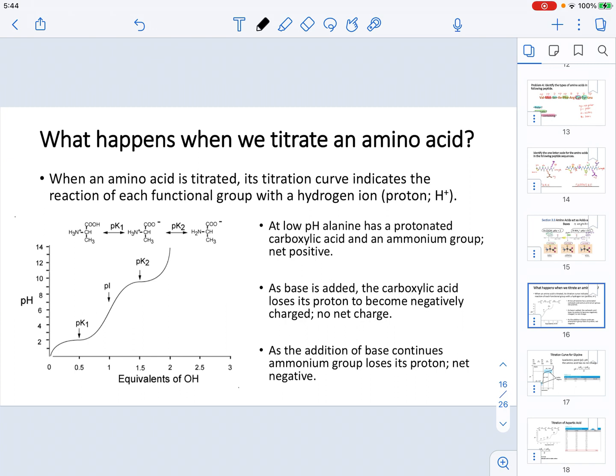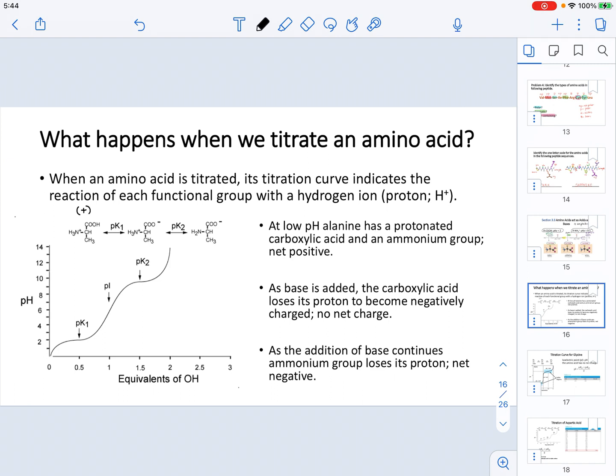So understand that when we start a titration experiment, we are going to have a particular form of our amino acid. At the beginning of our titration, we have an amino acid that is overall positively charged, so it's going to be a cation.